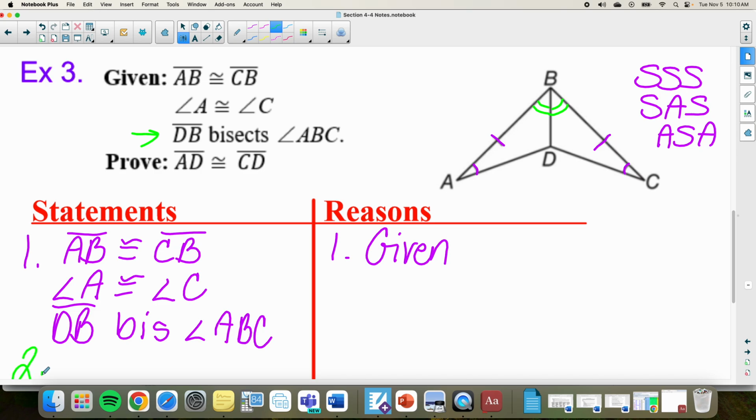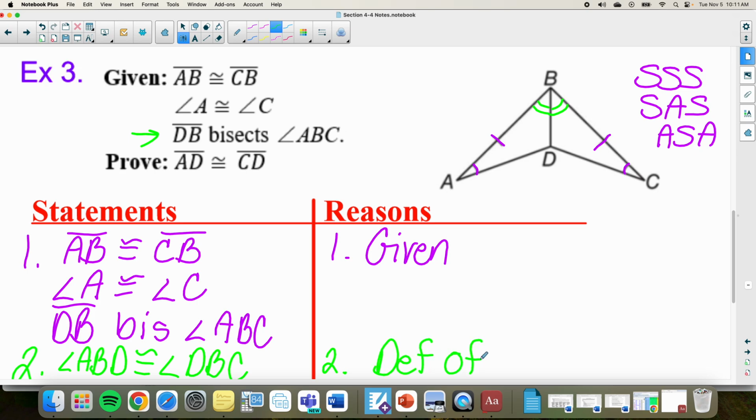So I'm going to say angle ABD is congruent to, and you can name this angle either DBC or CBD. B just has to be in the middle. Okay? And that would be by definition of angle bisector.